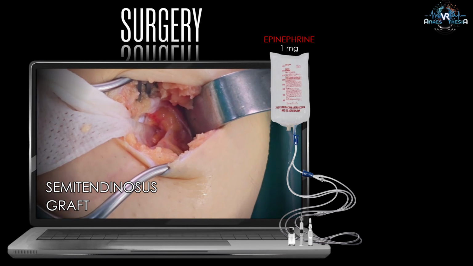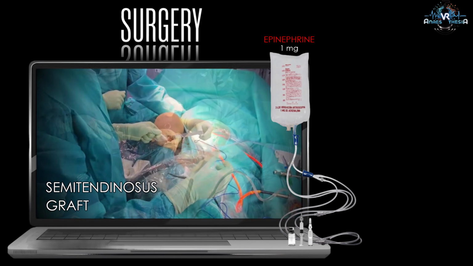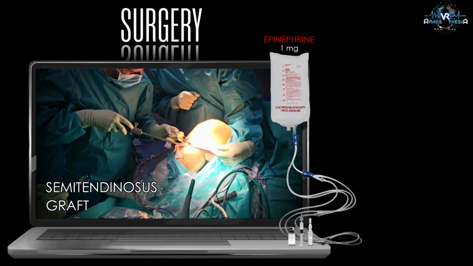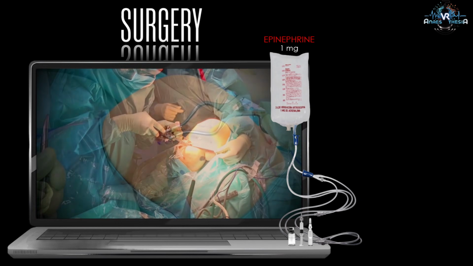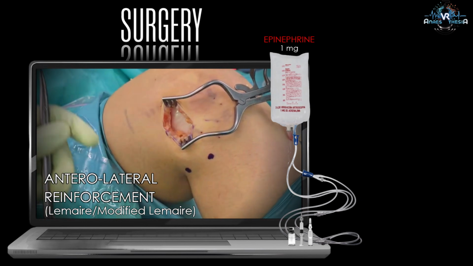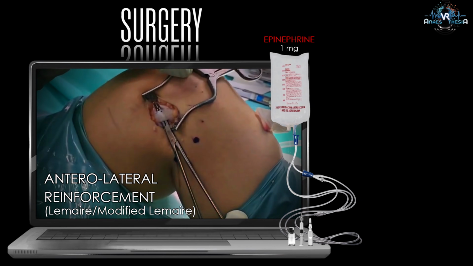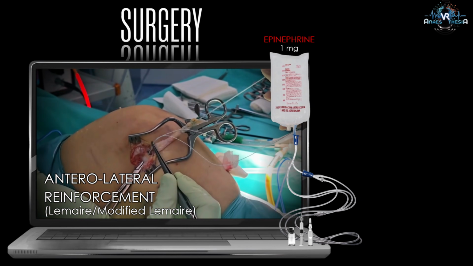Prior infiltration of the graft harvest sites allows accurate dissection of the surgical planes with minimal bleeding. By improving local hemostasis and preserving visualization of the anatomical layers, this approach may facilitate graft harvesting and optimize surgical conditions.